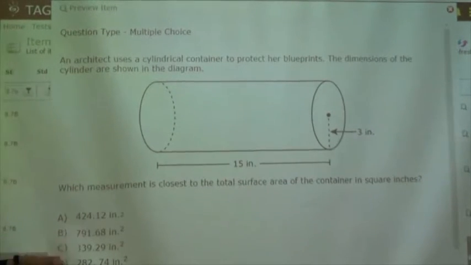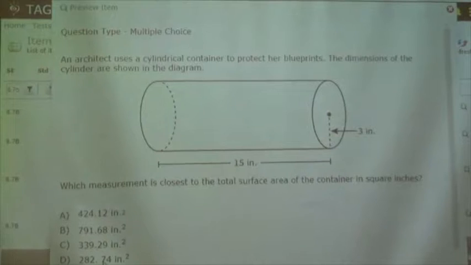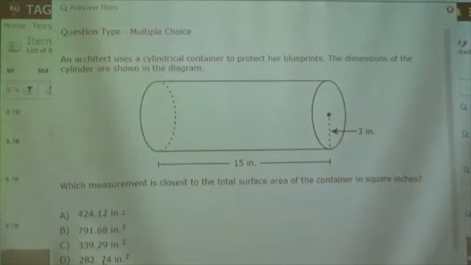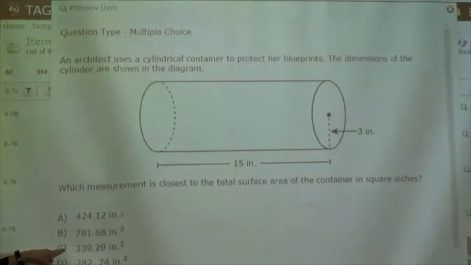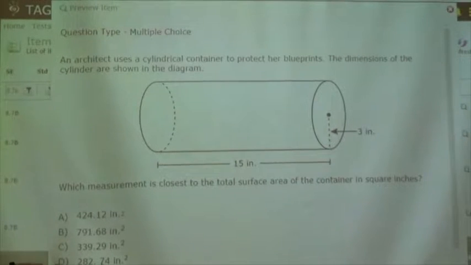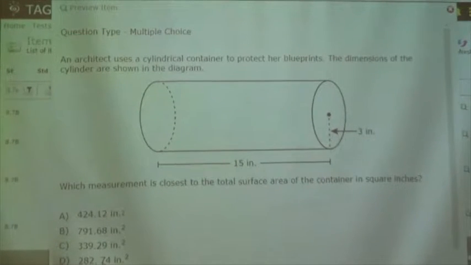Answer A, 424.12 inches squared. B, 791.68 inches squared. C, 339.29 inches squared. Or D, 282.74 inches squared.